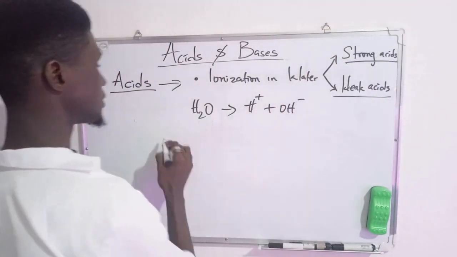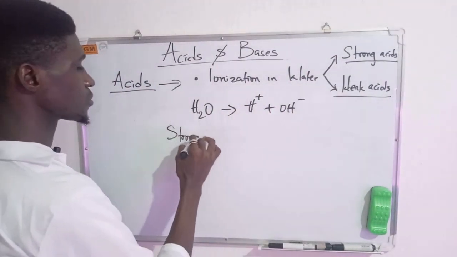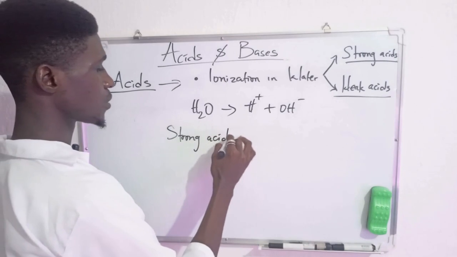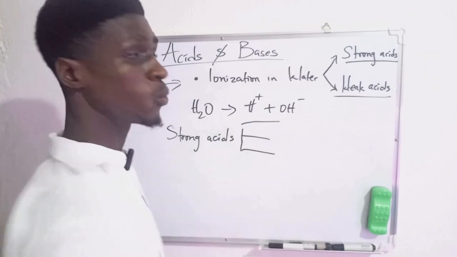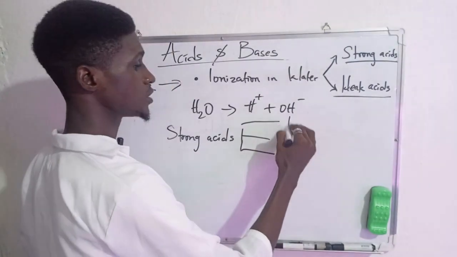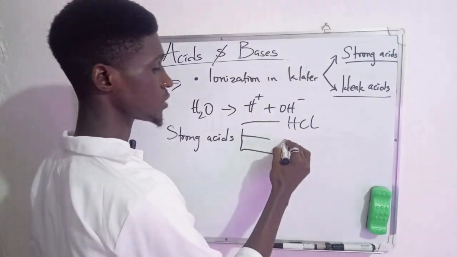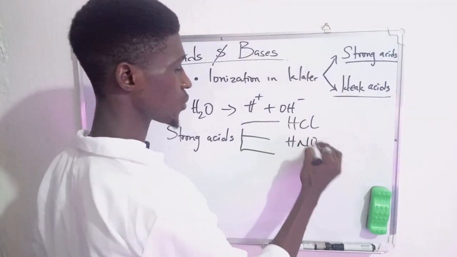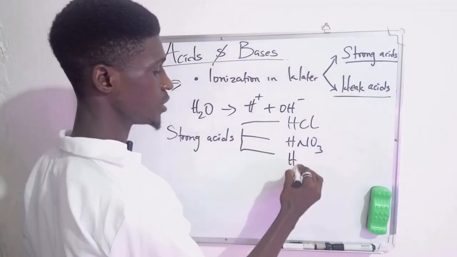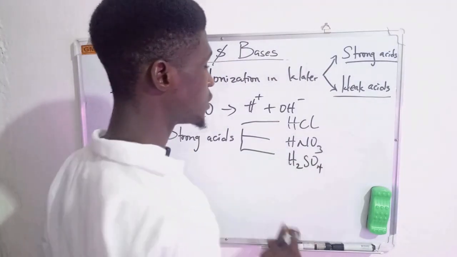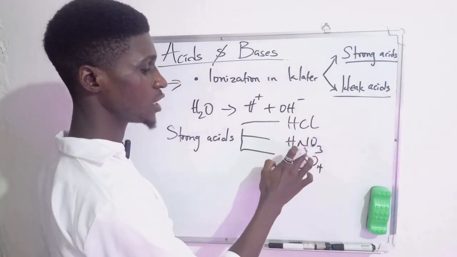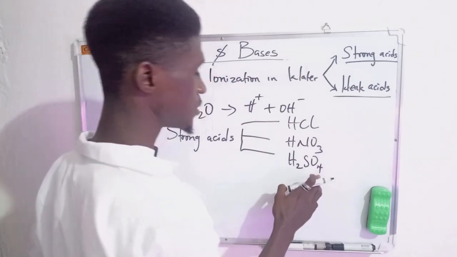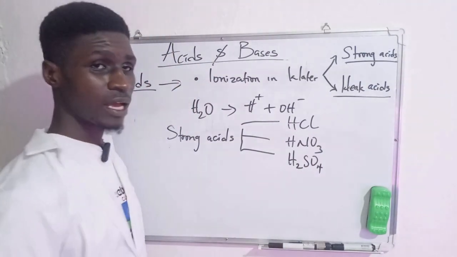Examples of strong acids are these three major acids that we know. First one is HCl, second one is HNO3, third one is H2SO4. This is hydrochloric acid, this is trioxonitrate 5 acid, and this is tetraoxosulfate 6 acid.